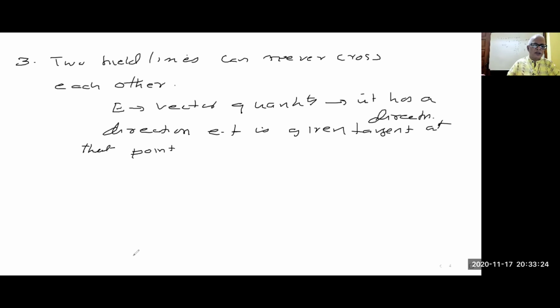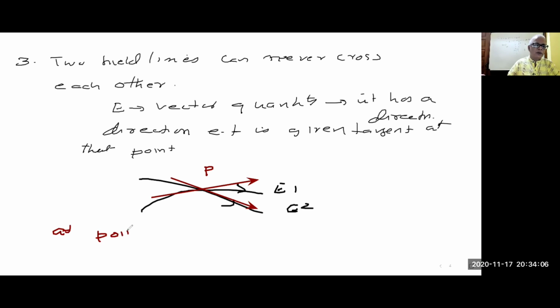Suppose two field lines cross each other, E1 and E2. Then draw the two tangents at the point of intersection P, one tangent this way and the other tangent the other way.